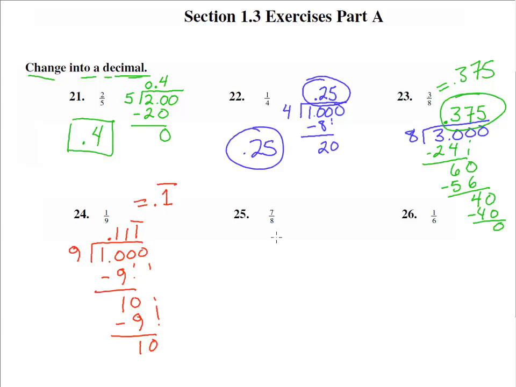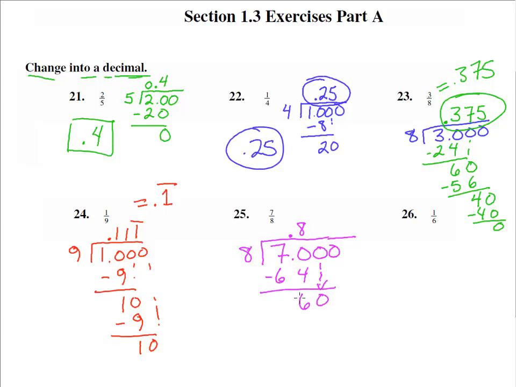All right, 7 divided by 8. Or 7/8. 8 does not go into 7. That's what will turn it into a decimal. 8 goes into 70. 9 is just a little bit too big, so it'll go in 8 times. That'll be a 64. Subtract. 70 minus 64 is 6. And then we drop down the 0. 8 goes into 60.